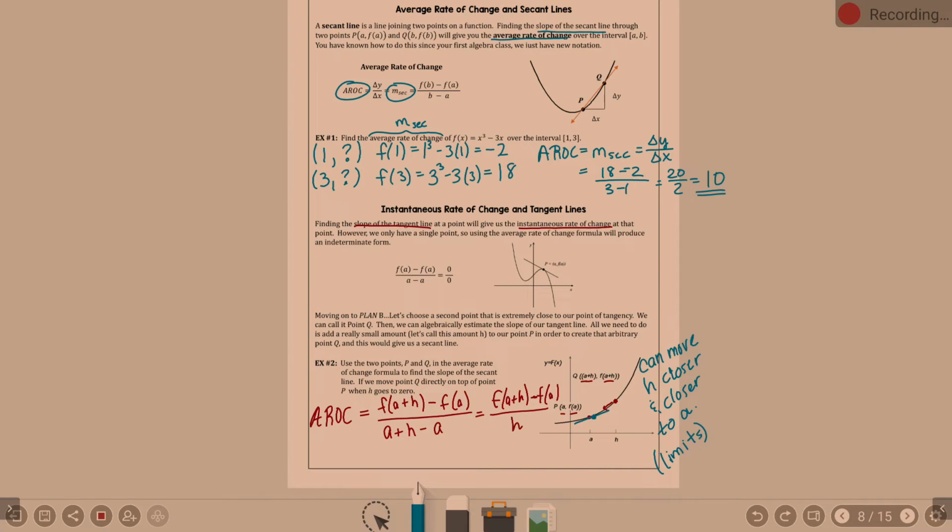Okay, so those are limits that we're talking about. Okay, moving along.